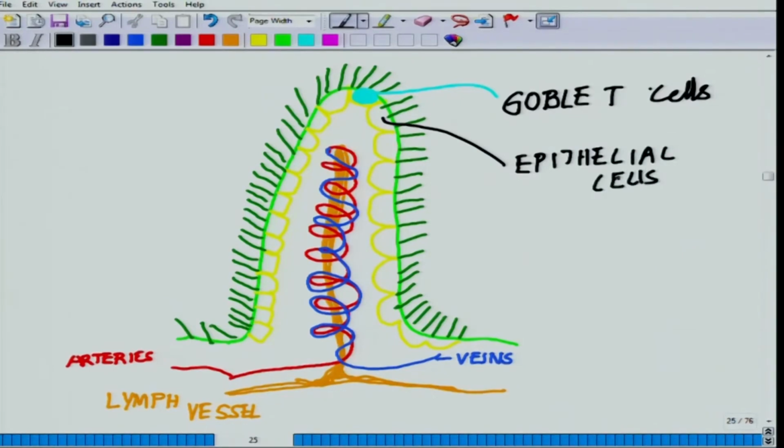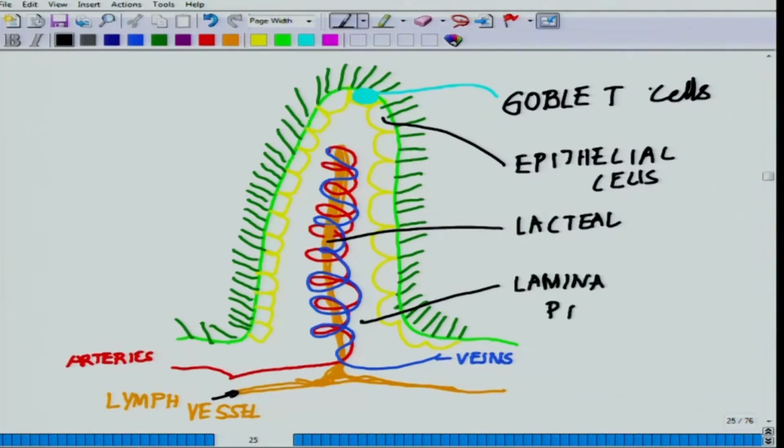Then you have this part of the lymph vessels, which is called the lacteal vessel. Lacteal network. This is the capillary network, and this part is called lamina propria.